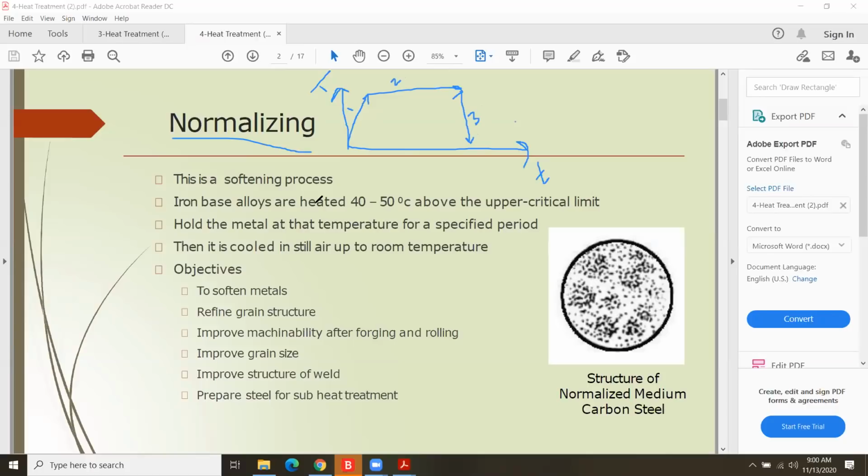You have steel, right? So what you are doing is heating that steel so that it is uniformly heated to a specific temperature, T1, right? So the steel is uniformly heated to that temperature.